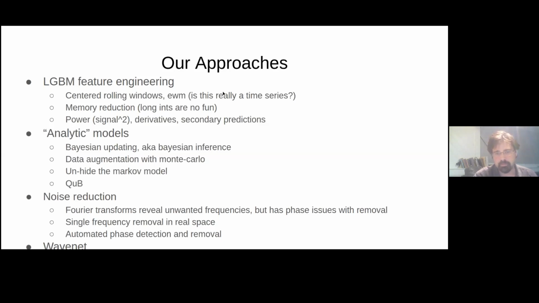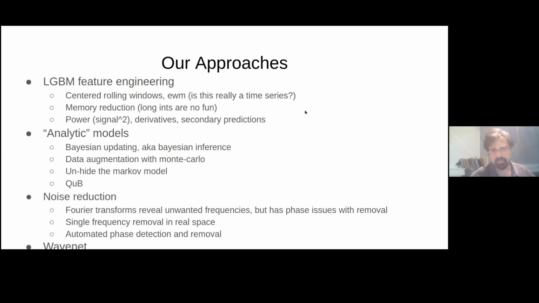So time series is not an appropriate label for this simulation. So you can make centered rolling windows, meaning that we're taking averages and using them as a feature for prediction for a certain data point, but that looks at data ahead as well as data behind it.